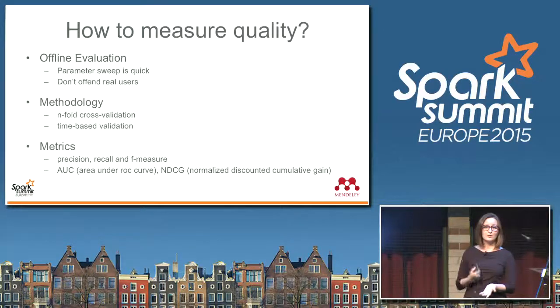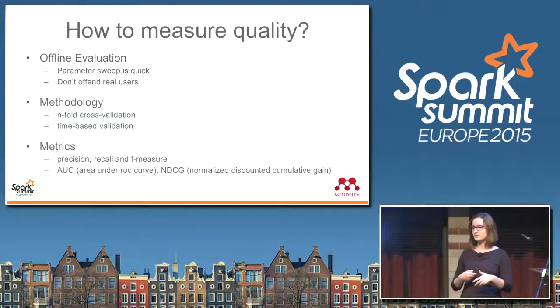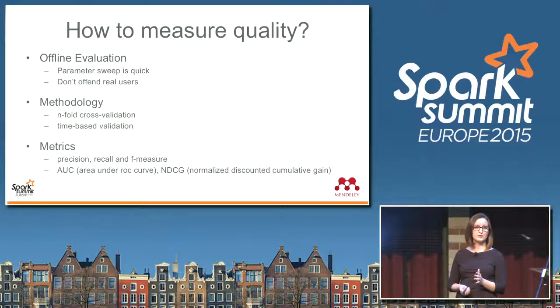How do we measure quality? Well, oftentimes in machine learning recommender systems, we do offline evaluation. You have your ground truth data set, and you then compute metrics on it. When we talk about offline evaluation, oftentimes we do cross-validation. In recommender systems, what we also do is what we call time-based validation.